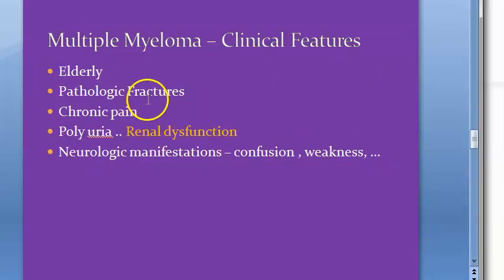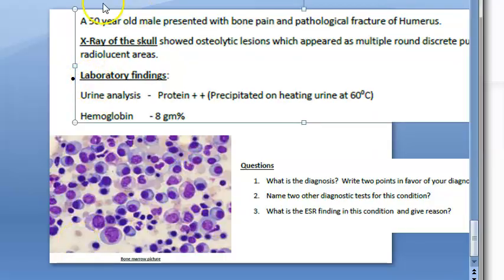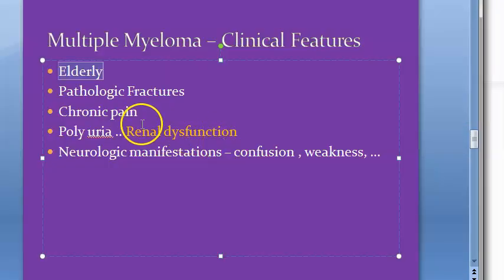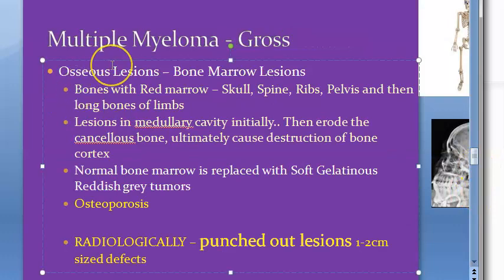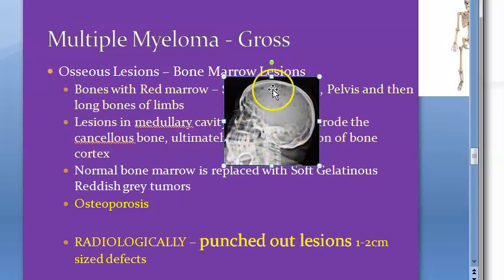Seen in the elderly, though in this case study you remember it was a 50-year-old male. So pathological fractures he'll have, bone pain. Then osseous lesions, bone marrow lesions will be there. This is what they said, punched out lesions. In the radiograph, you can see punched out lesions of the skull.